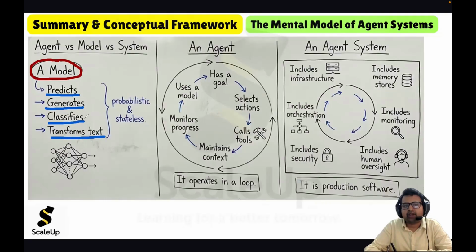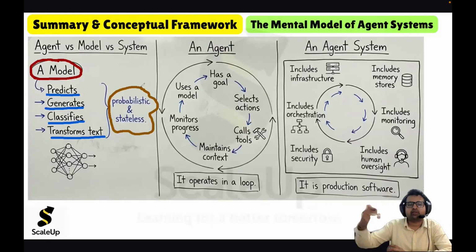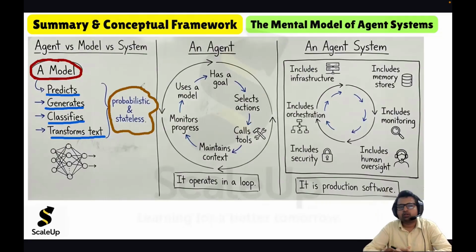A model is probabilistic in nature, so it can handle uncertain situations of the real world, and it is stateless. It does not remember interactions. It's just request and response. That's it. Session closed.